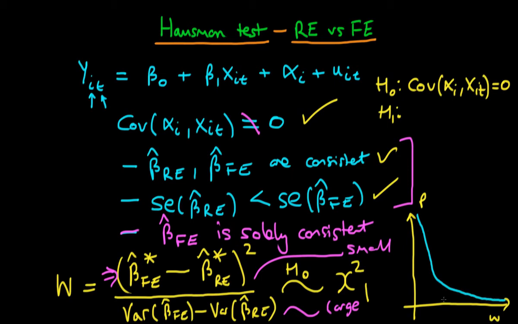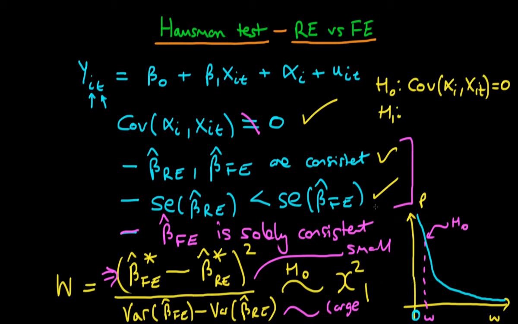So the overwhelming majority of values of W should be very, very close to 0. So if it actually turns out that W is close to 0, so perhaps we get a value of W which is something like this, then it is quite likely that we would have got this value of W if the null hypothesis was true, because this is the distribution under the null hypothesis being true.